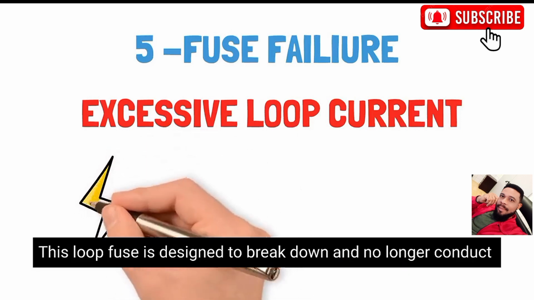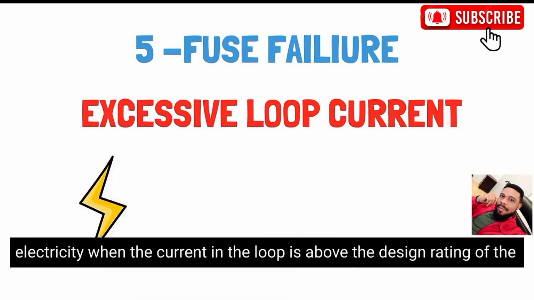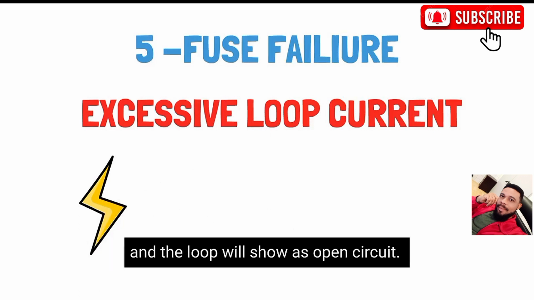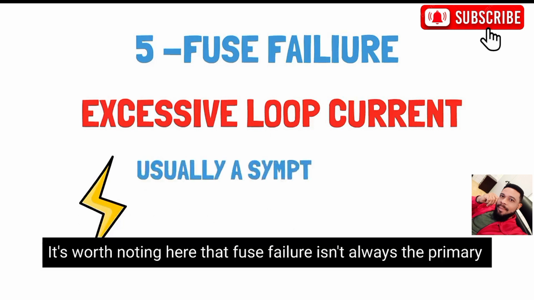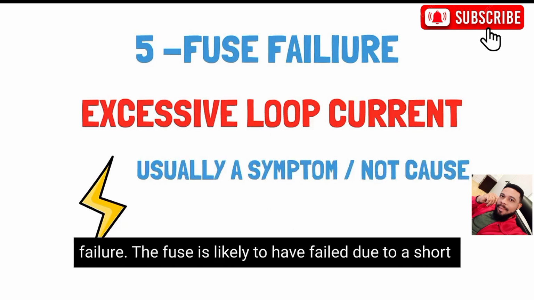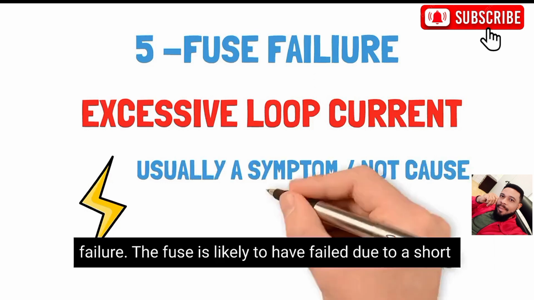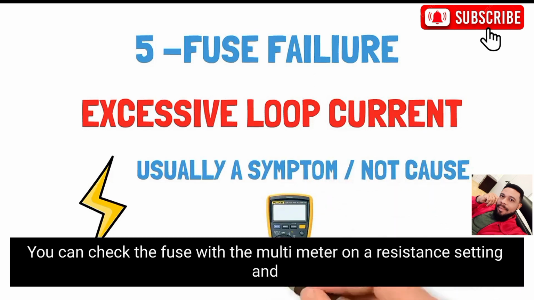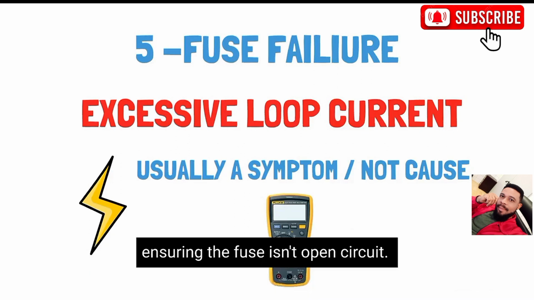The loop fuse is designed to break down and no longer conduct electricity when the current in the loop is above its rating. Once the fuse is blown, this will prevent any current flowing and the loop will show as an open circuit. It's worth noting that fuse failure isn't always the primary failure. The fuse is likely to have failed due to a short circuit or other component failures. You can check the fuse with a multimeter on a resistance setting and ensure the fuse isn't open circuit.